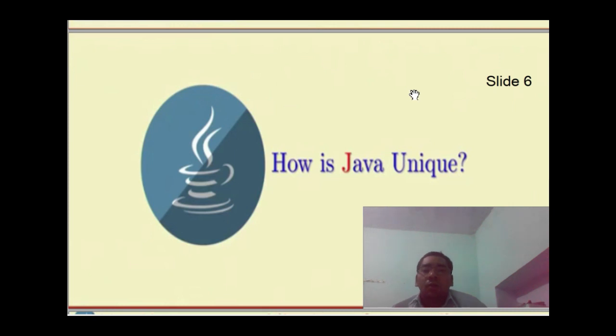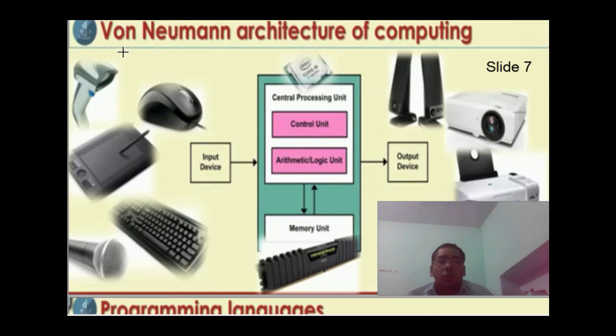Now we can see how Java is unique. This is why Java is now very popular. Now, I will discuss how Java is different from the other programming environments. Now we can see the von Neumann architecture of computing.